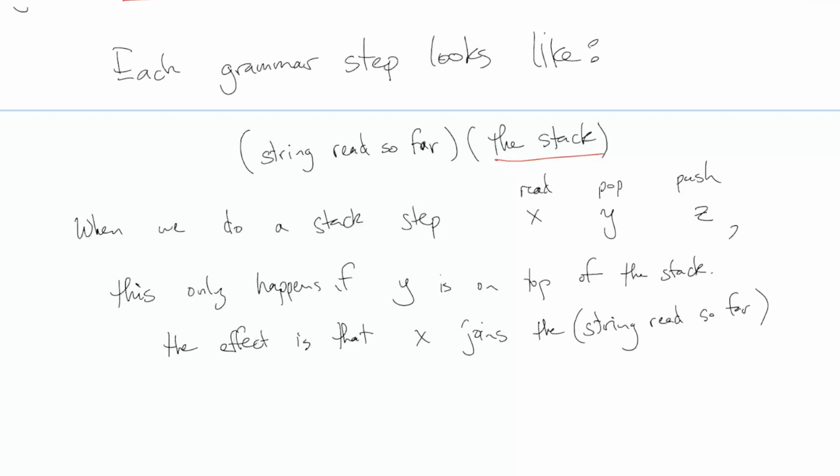X joins the string read so far because we just read the X when you do that rule. And Y leaves the stack and is replaced with Z. Right? That's because you're popping Y, you're pushing Z. All right?